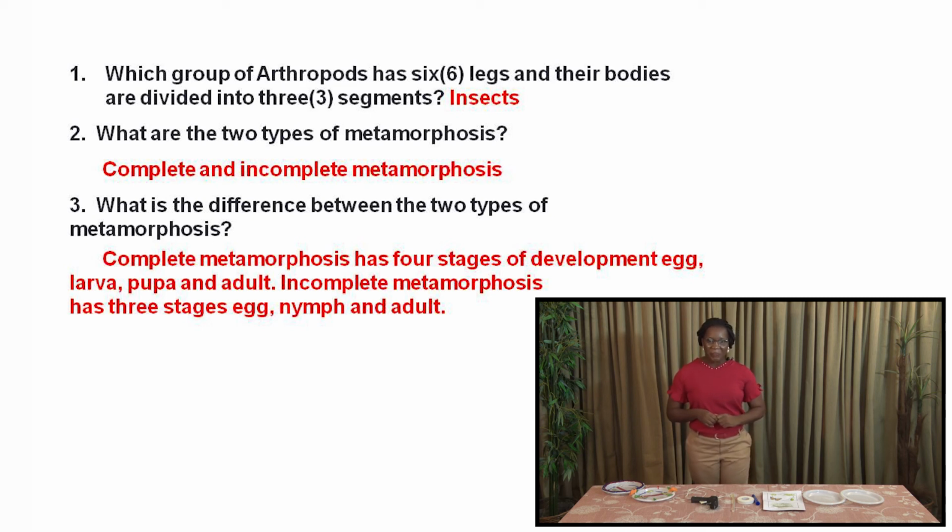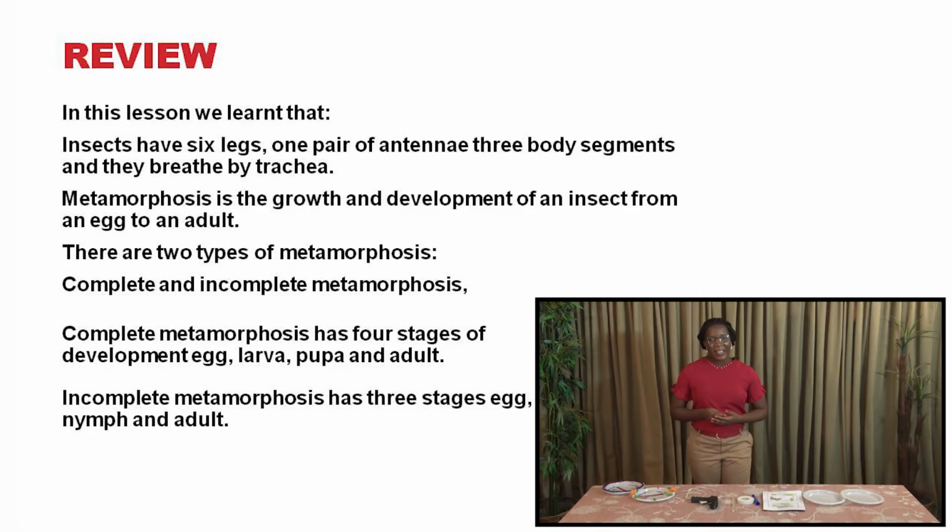Very good. In this lesson, we learned that insects have 6 legs, 1 pair of antennae, 3 body segments, and they breathe by trachea. Metamorphosis is the growth and development of an insect from an egg to an adult.